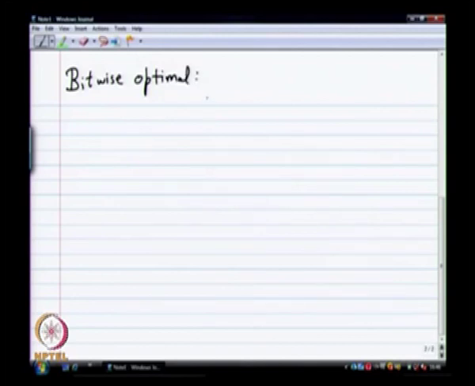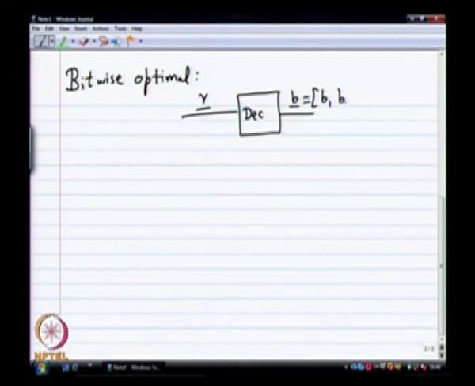In this case you think of your decoder working on R as producing some vector B, and the goal is to minimize the probability that Ci is not equal to Bi. What is Ci? Ci is the transmitted code word.